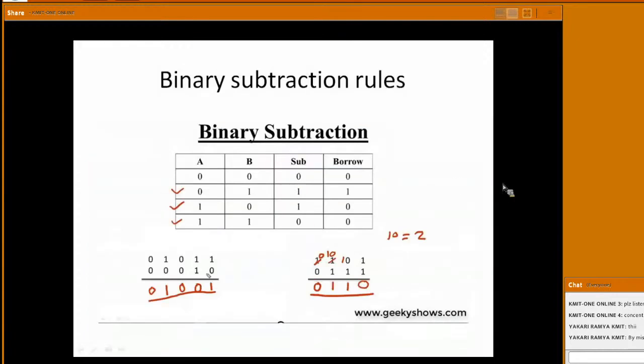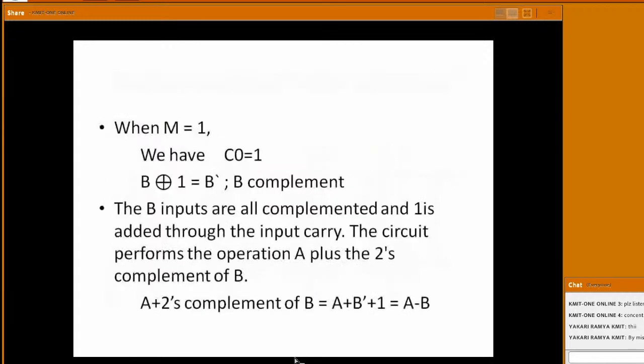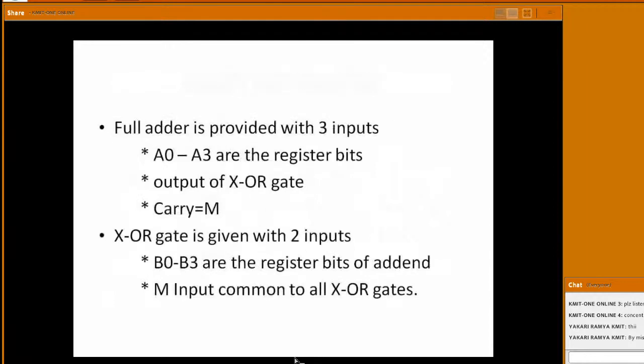Now, when you see this logic circuit, when the value of M is equal to 1, this logic circuit is acting like a binary subtractor. So, based on the value of M, this binary adder subtractor will act like an adder as well as a subtractor.